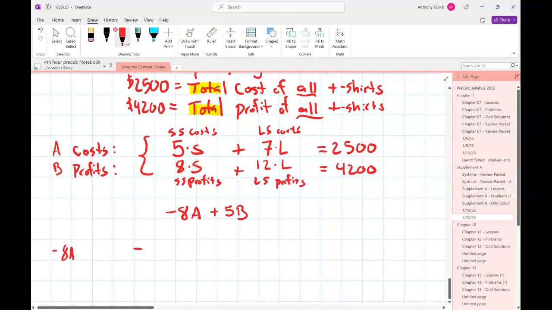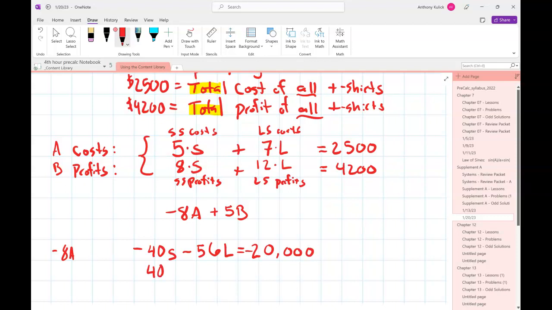So negative 8A is going to be negative 40S minus 56L equals negative 20,000. And then 5 times 8, that's 40S, plus 5 times 12, that's 60L. 5 times 4,200 is 21,000.